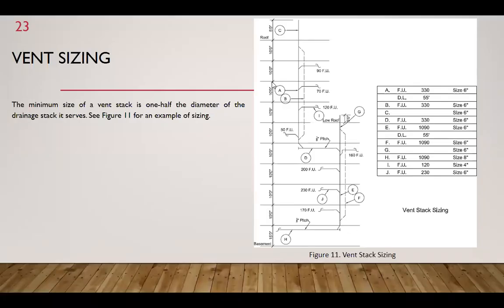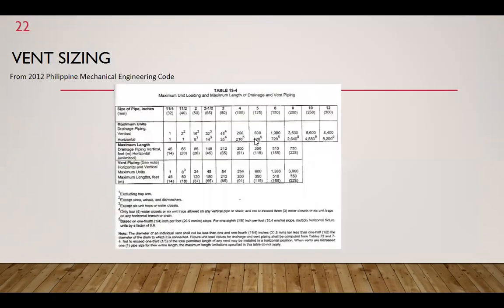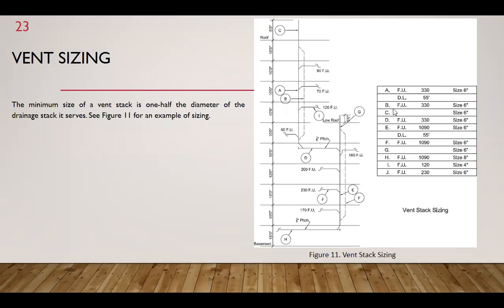So, tingin ka sa table na. So, ito naman, 1090 is 6 inches. Kasi itong 1380 times 0.8 is 1,100. So, pasok to. Develop length, lampas, okay rin, pasok pa rin.